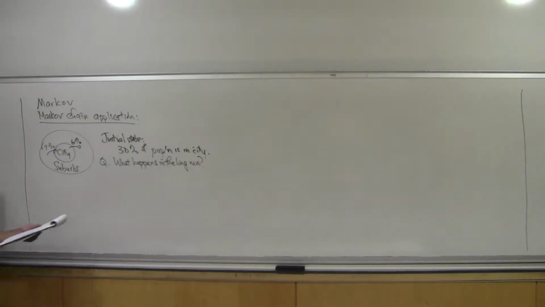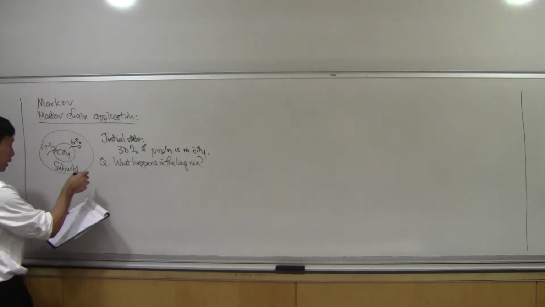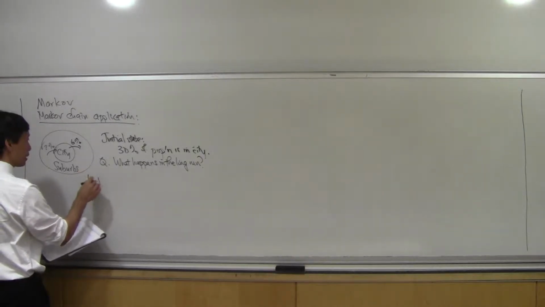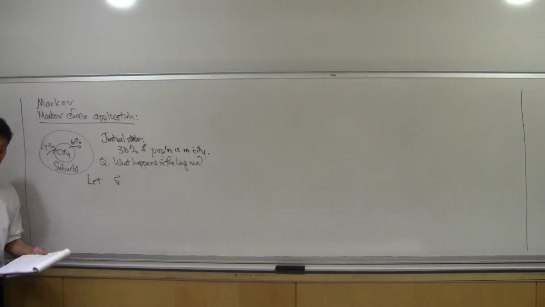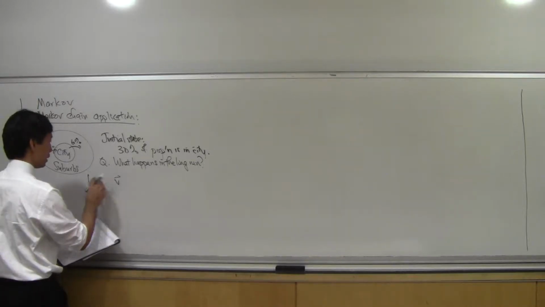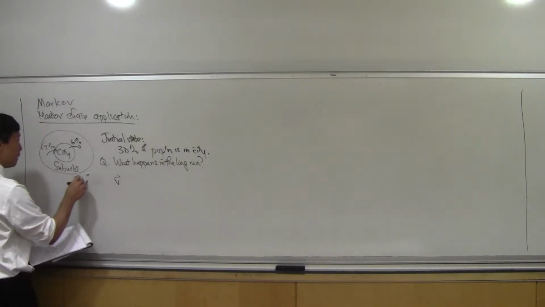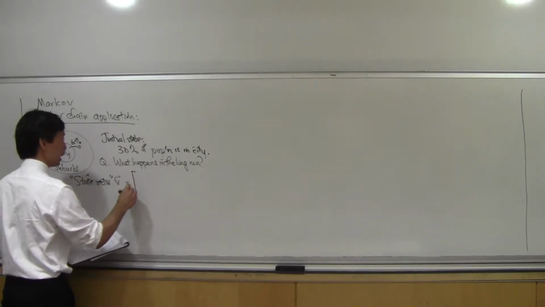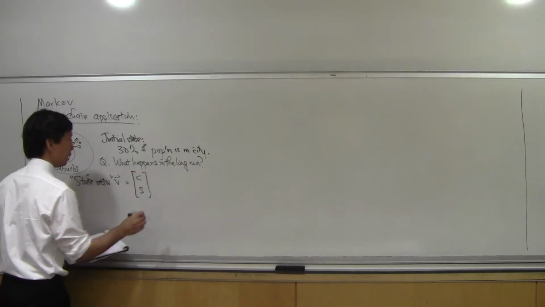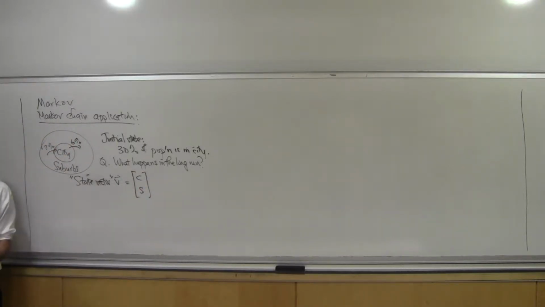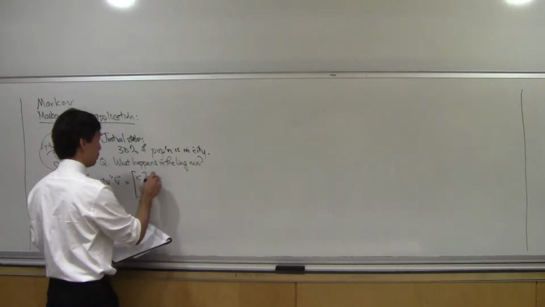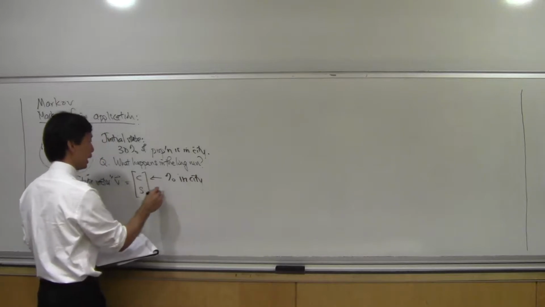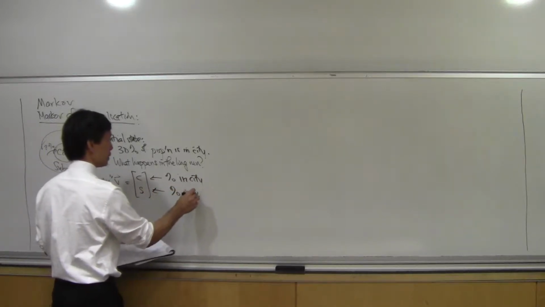One way of doing this is to create the following model. You create a vector v that we call our state vector. The state vector v is going to have two entries, c and s, where c is the percentage of the population in the city, and s is the percentage in the suburbs.